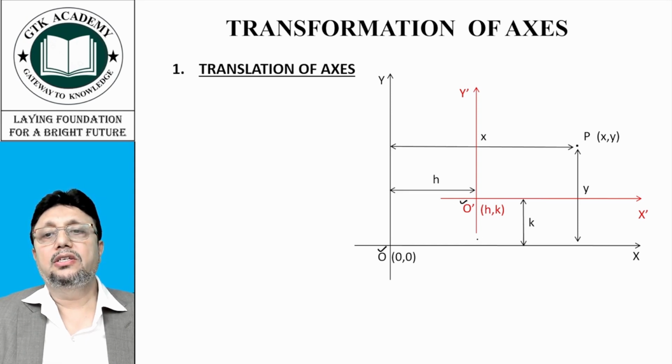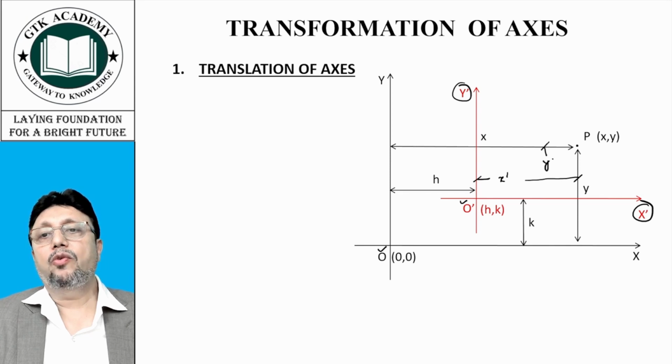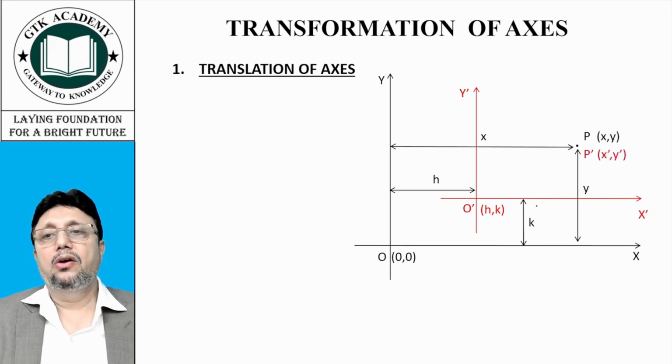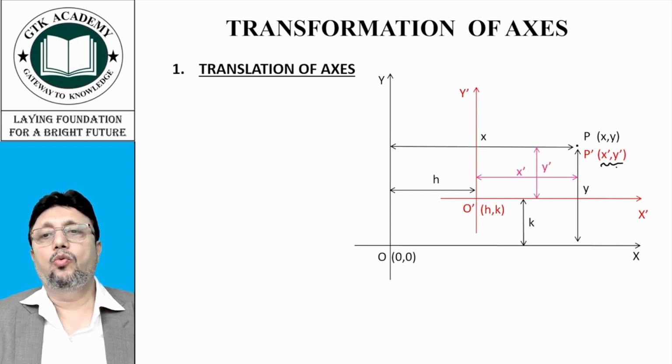So this is h and this is k. Now you can easily see this is the new coordinate x dash as per the new axes x dash and y dash, and this is the new coordinate y dash of the point P. So the new coordinates of P are x dash and y dash.